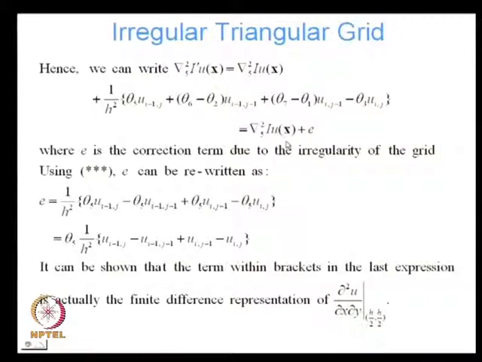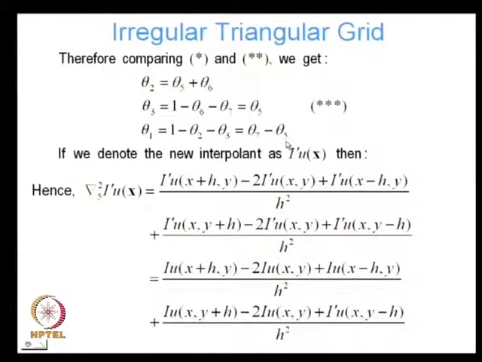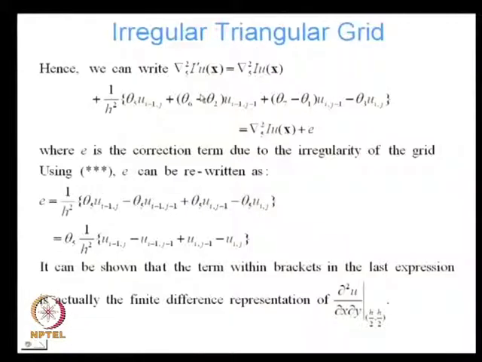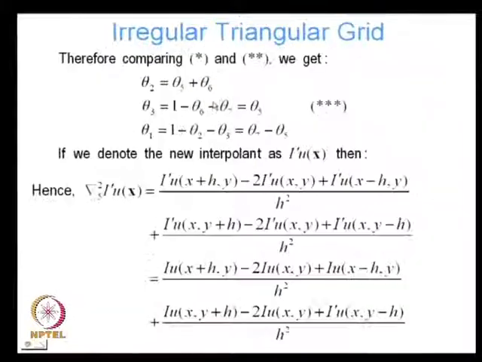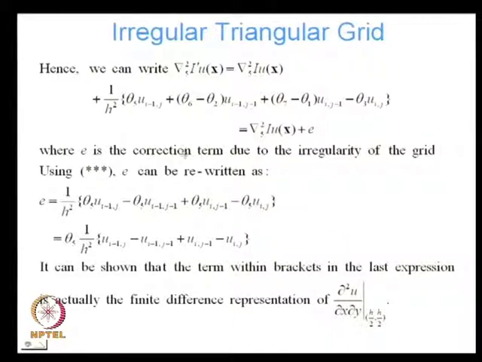So, using these expressions which I obtained between theta 2, theta 3, theta 1 and theta 5, theta 6 and theta 7, I can write this expression like this, right. Basically, I can write everything in terms of theta 5. Why? Well, theta 5 u minus 1 j is theta 5, that remains the same. Theta 6 minus theta 2 I can write using that expression: theta 6 minus theta 2 is minus theta 5, so that gives me minus theta 5 here.